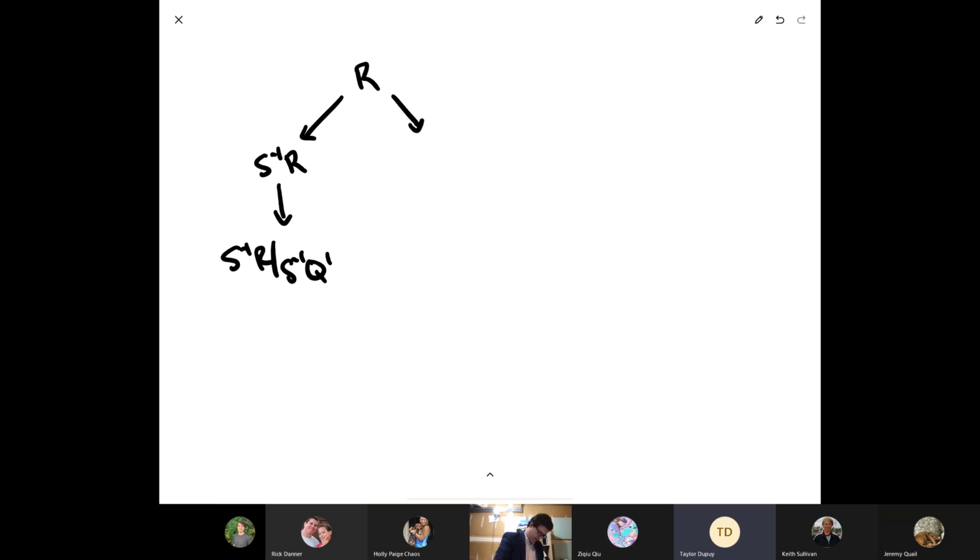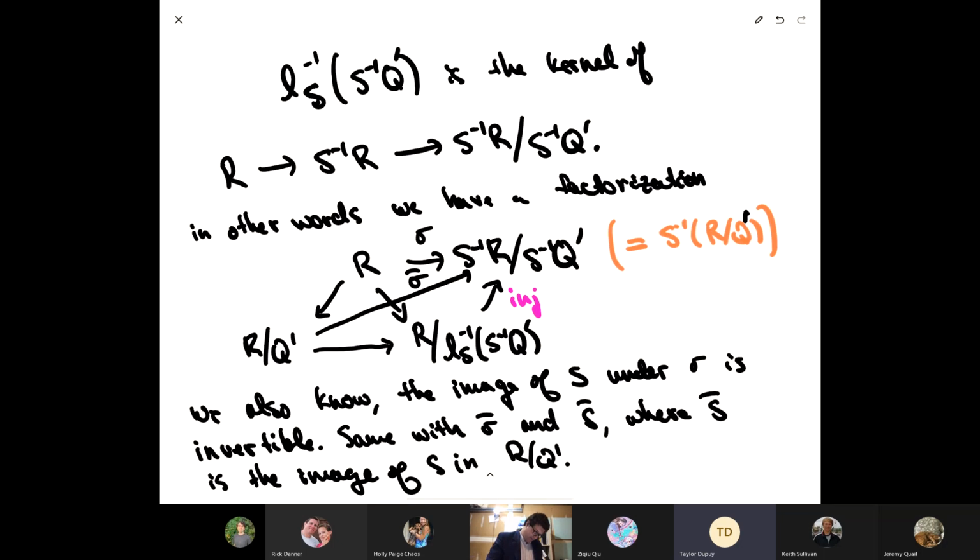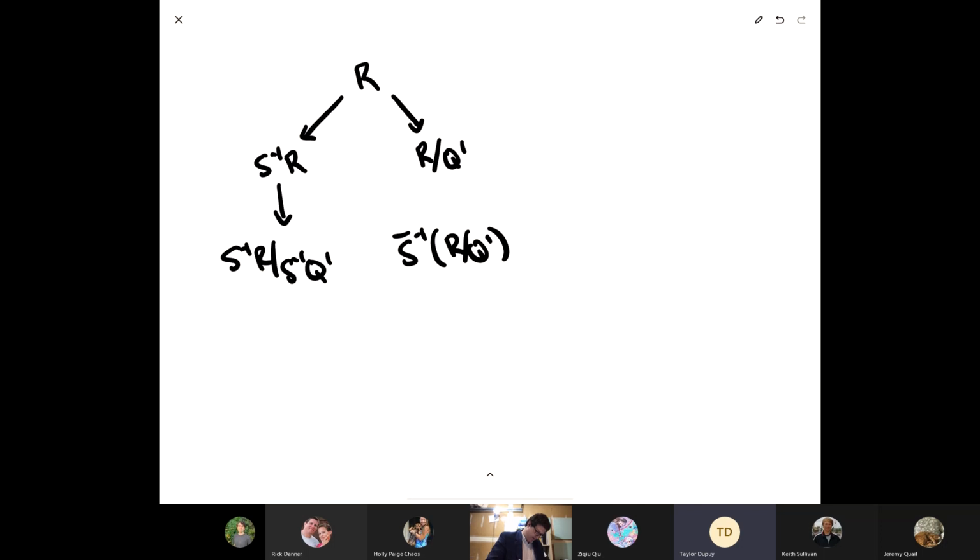Or we can go from R to R mod Q prime, and then to S bar inverse of R mod Q prime.